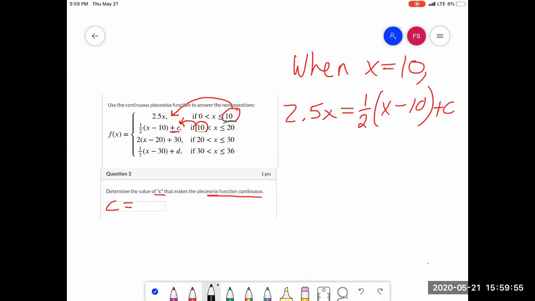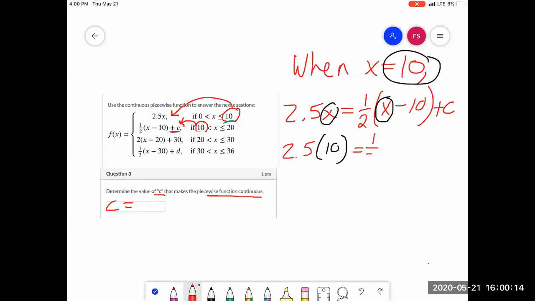So my next step is actually going to be to plug in that value of 10 for x. And I'm going to do it for both x's or any x's in the equation. So when I do that, I get 2.5 times 10 equals 1/2 times 10 minus 10 plus c.